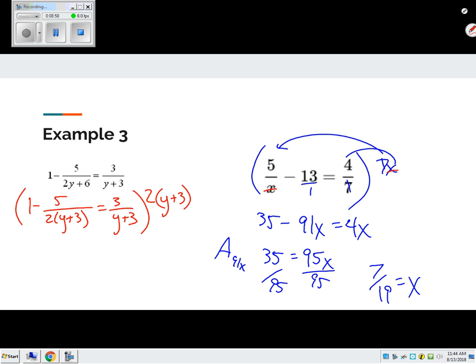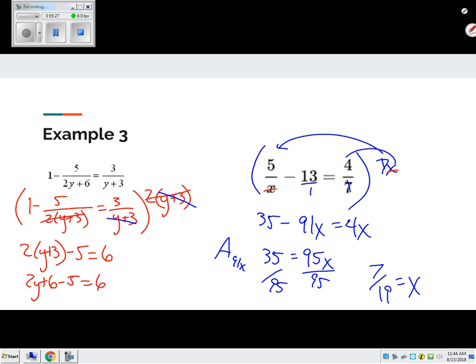So I want to distribute this through. Well, 1 times anything is just itself. Okay. Here, all of this cancels. If I take 5 divided by this mess and then multiply it by the same mess, it just gives me 5. On this one, the y plus 3's cancel. So I'm just left with 3 times 2 is 6. I'm going to go ahead and distribute through my 2.